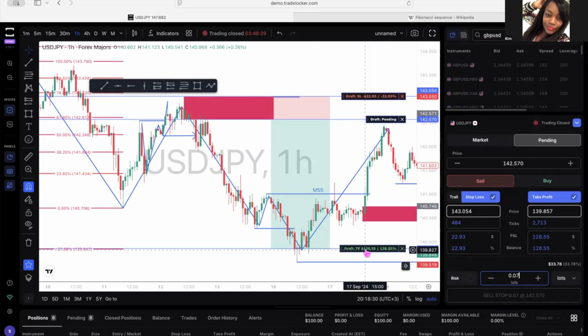Does that make sense? You do the same thing on MT5, you do the same thing on TradingView. Does that make sense? Anybody have questions about that?